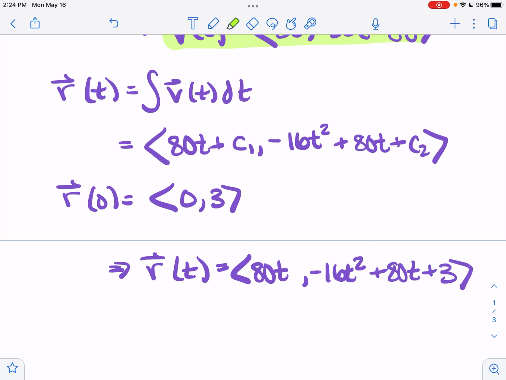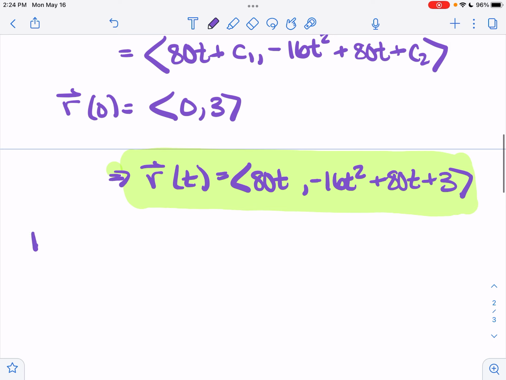And so that will be our position at any time t. Notice the y position is a parabola, the minus 16t squared. So the trajectory of this ball is as expected. It's a parabolic trajectory.